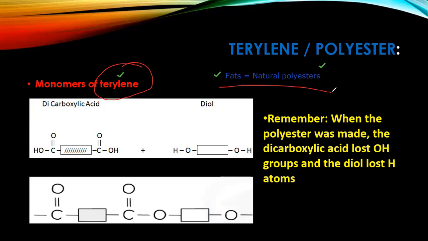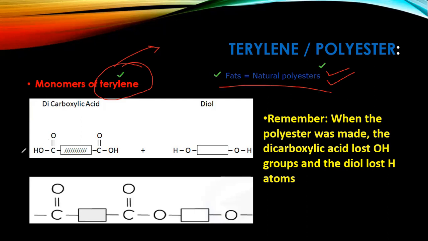But fats are biodegradable. They are decomposed by bacteria and by enzymes, while terylene is non-biodegradable. It is not decomposed by enzymes or by bacteria. I hope you got it.